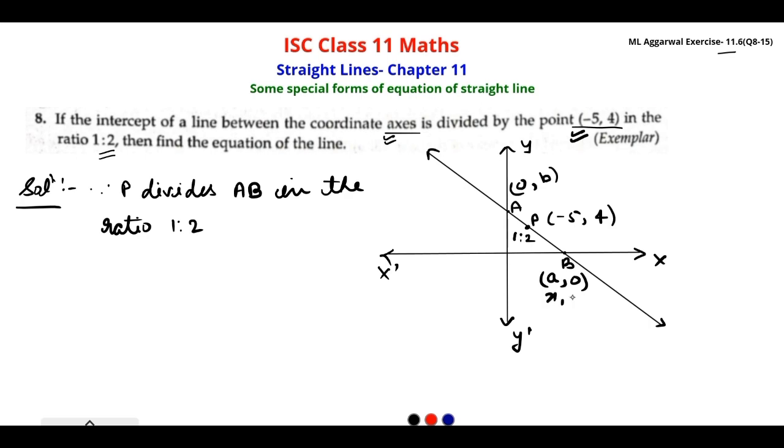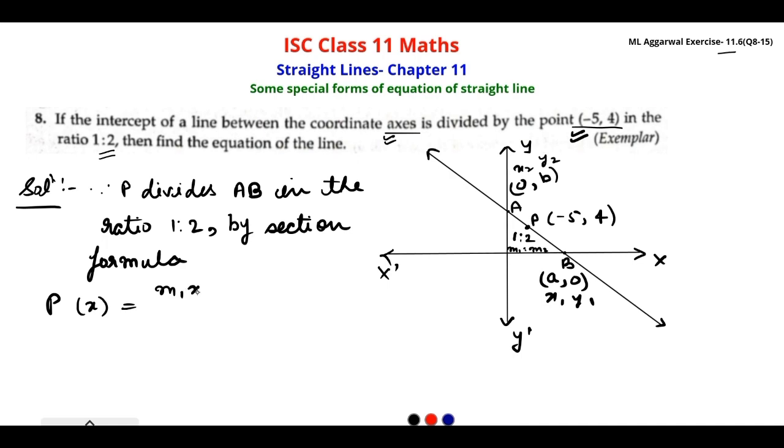First endpoint x1, y1, second is x2, y2, and this is m1, m2. By section formula, x coordinate of P will be given by (m1 x2 plus m2 x1) upon (m1 plus m2).